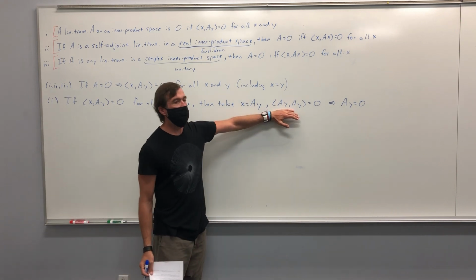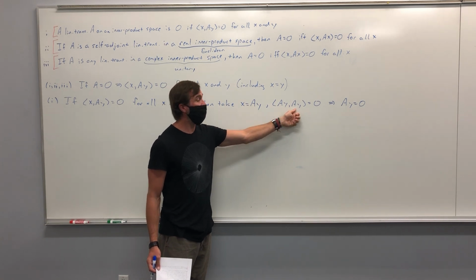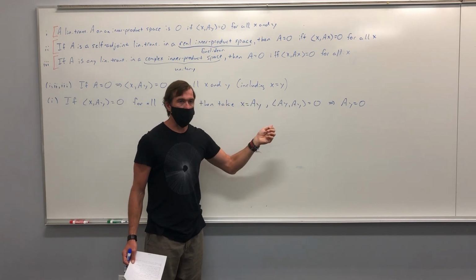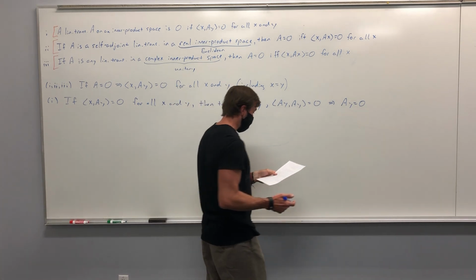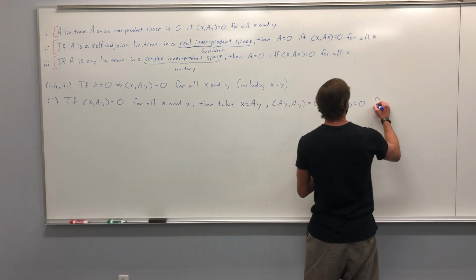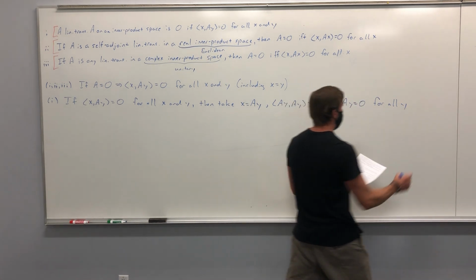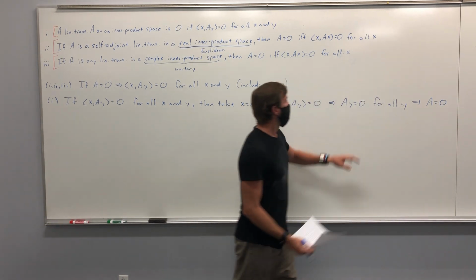Okay, remember the rules that define an inner product? The inner product of a vector with itself is 0 only if the vector is 0. That's part of the definition of an inner product. This is true for all y. Therefore, A equals 0.